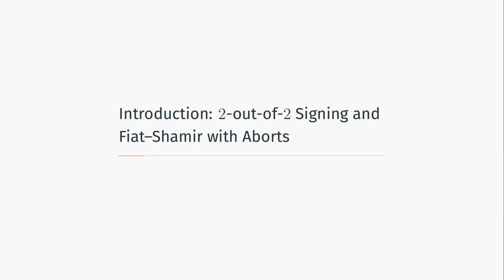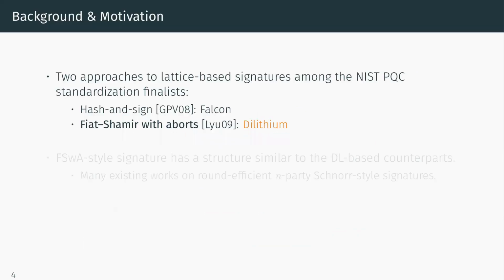Okay, so I'm going to briefly introduce the topics two-out-of-n signing and Fiat-Shamir with aborts. The background of this work is as follows. As you probably know already, there's a NIST post-quantum crypto standardization process. And recently, round 3 candidates have been announced. Two of them are lattice-based signatures.